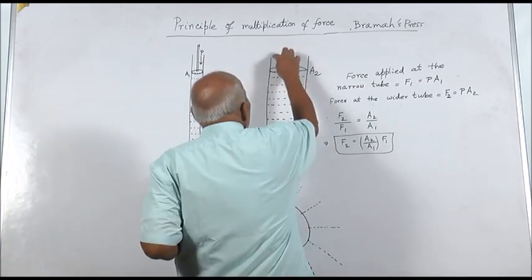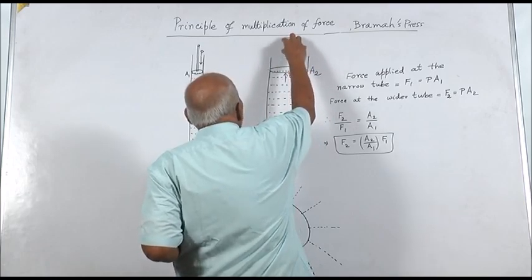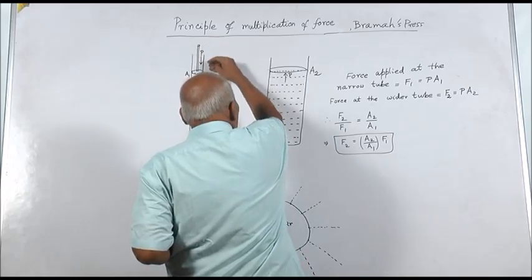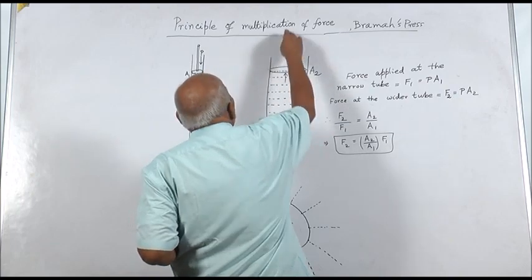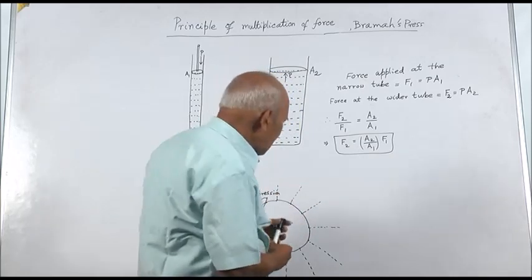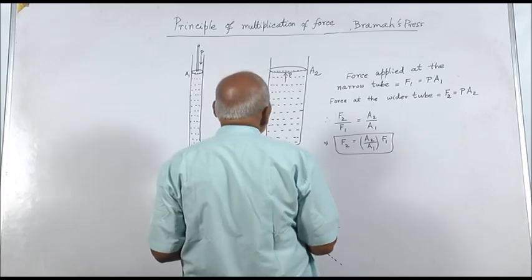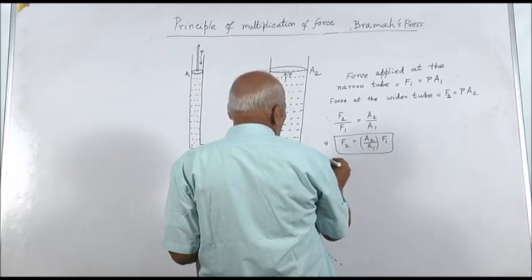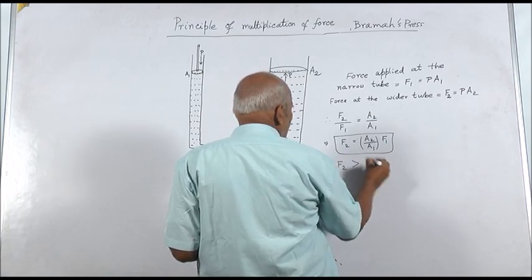If there is a frame here and a car is placed here, even a mechanic with his legs can press and the car can be raised. It is a great discovery and application of Pascal's law. So, F2 is greater than F1.